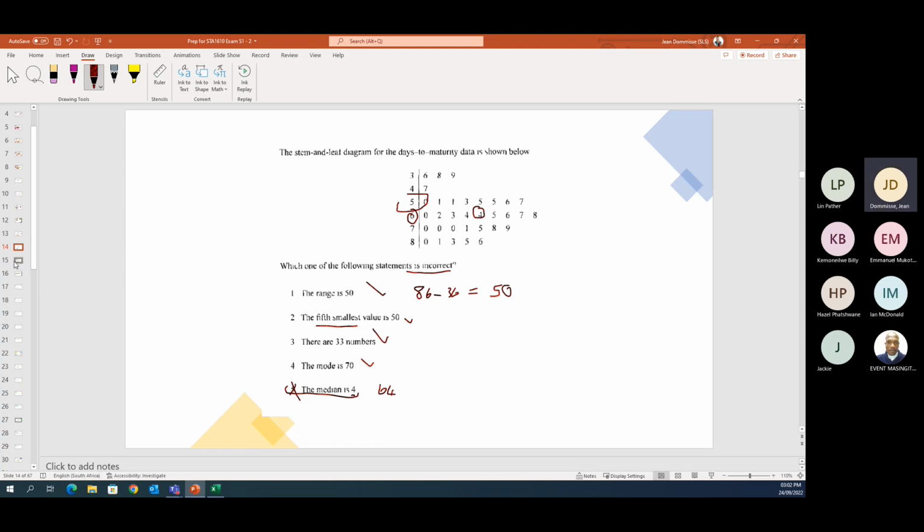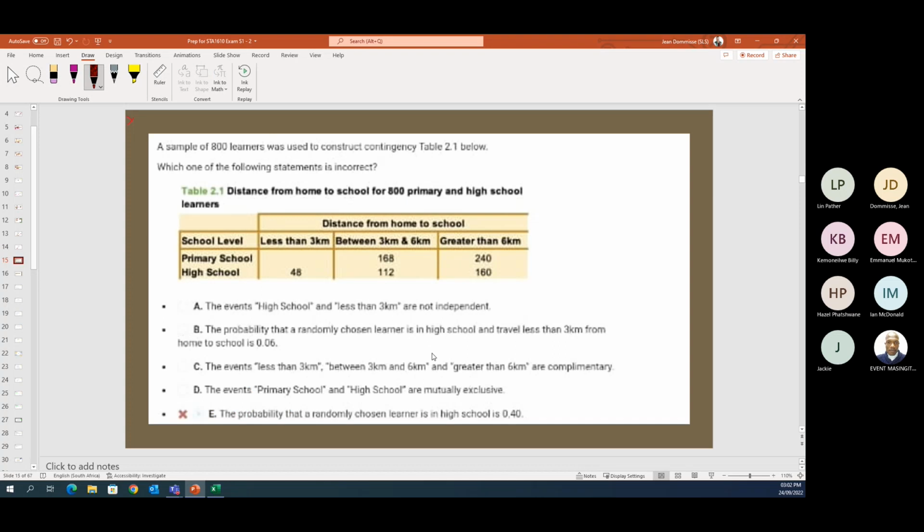Okay, cool. Next one. Okay, so now we go into probability, that is study unit 4. Okay, probability, they can ask you in a few ways. They can give you a table.